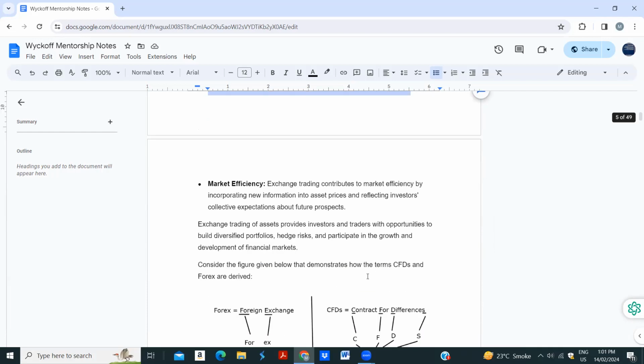Market efficiency. Exchange trading contributes to market efficiency by incorporating new information into asset pricing and reflecting investors' collective expectations about future prospects. Exchange trading of assets provides investors and traders with opportunities to build diversified portfolios, hedge risks, and participate in the growth and development of financial markets.